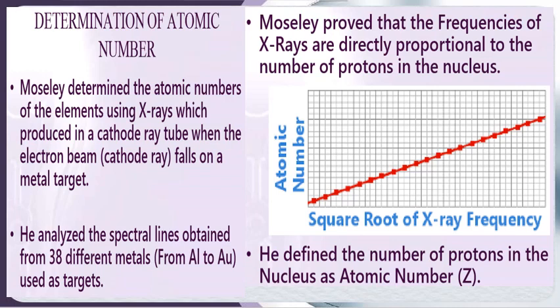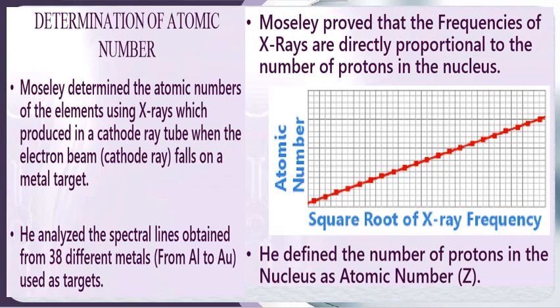He did a comprehensive study of X-rays in 1913, covering the range of wavelengths 0.04 to 0.08 angstrom, right? Moseley determined the atomic numbers of the elements using these X-rays, which were produced in a cathode ray tube when the electron beam falls on a metal target, right? He found the spectral lines.